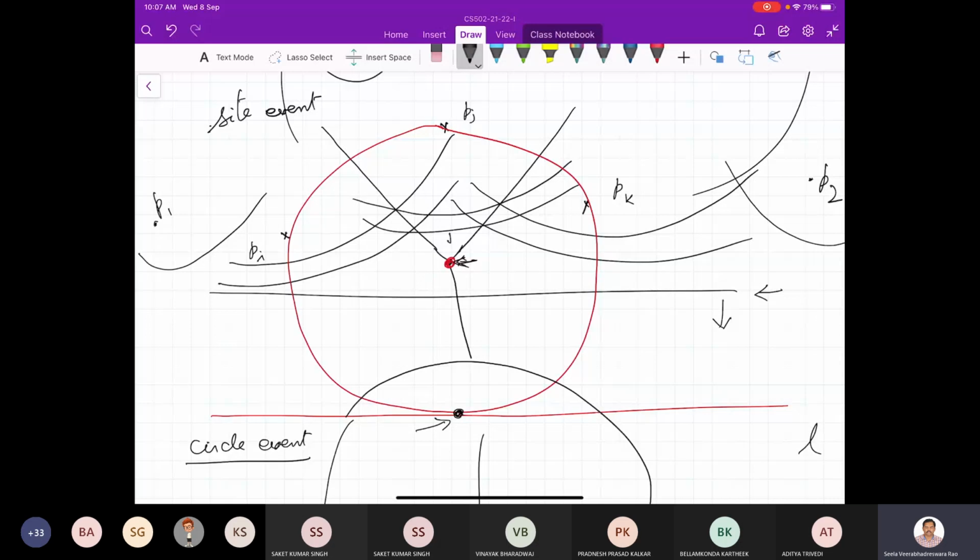And similarly, the site event is where a new parabola comes onto the picture, onto the sweep line status, onto the beach line. And another event is when a parabola disappears. That is what we call a circle event.